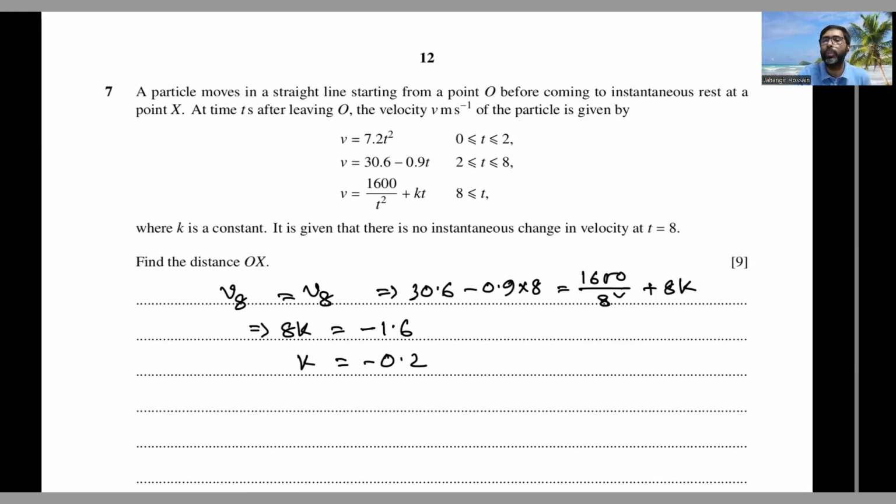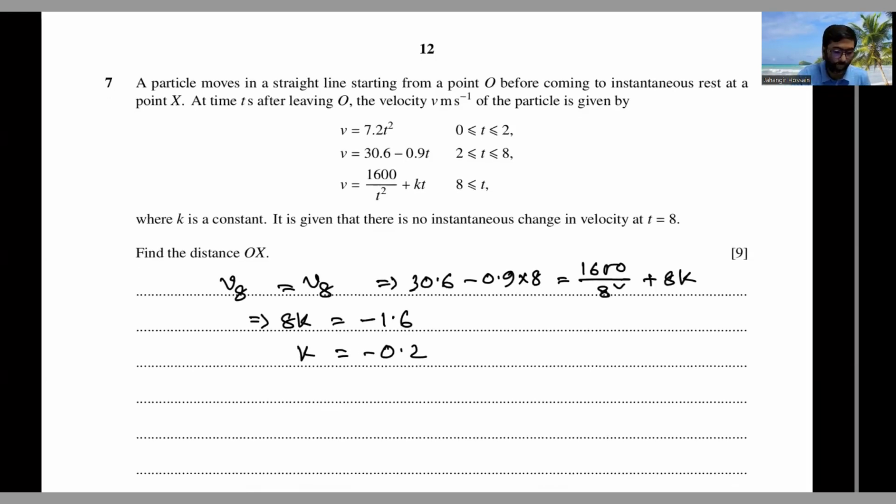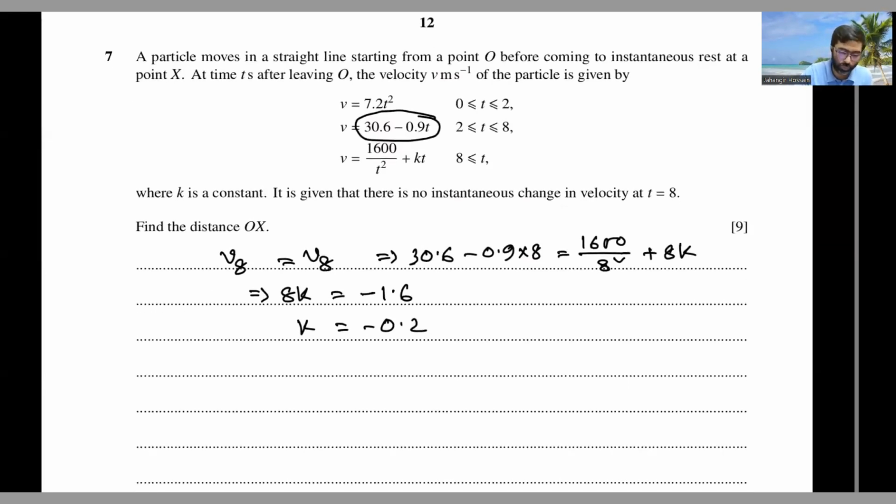Now we have to find the distance. Now remember, is there any possibility of velocity being negative? No, because only from this equation velocity could be negative, but the value of t here is 2 to 8, and at t equal to 8, velocity is still positive. So there is no way that velocity becomes negative. So throughout the motion until it reaches point X, the particle is moving forward.